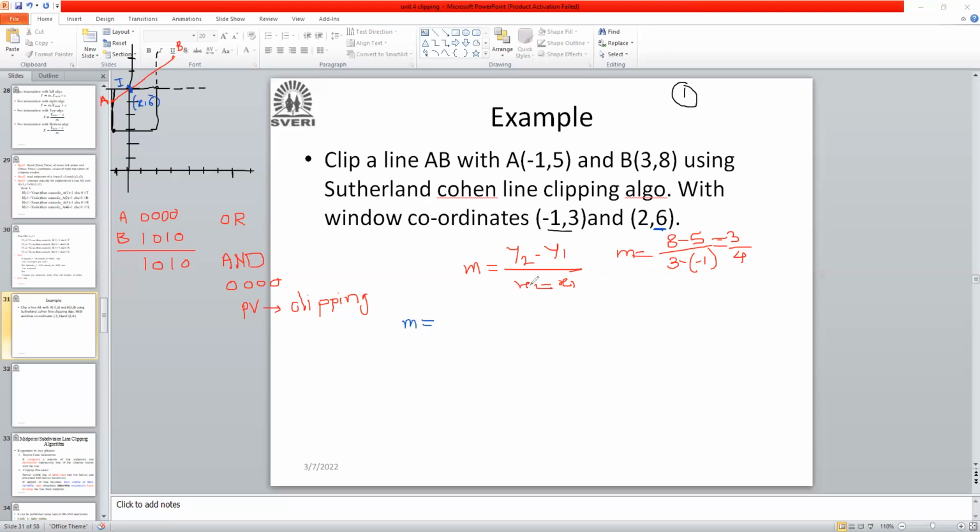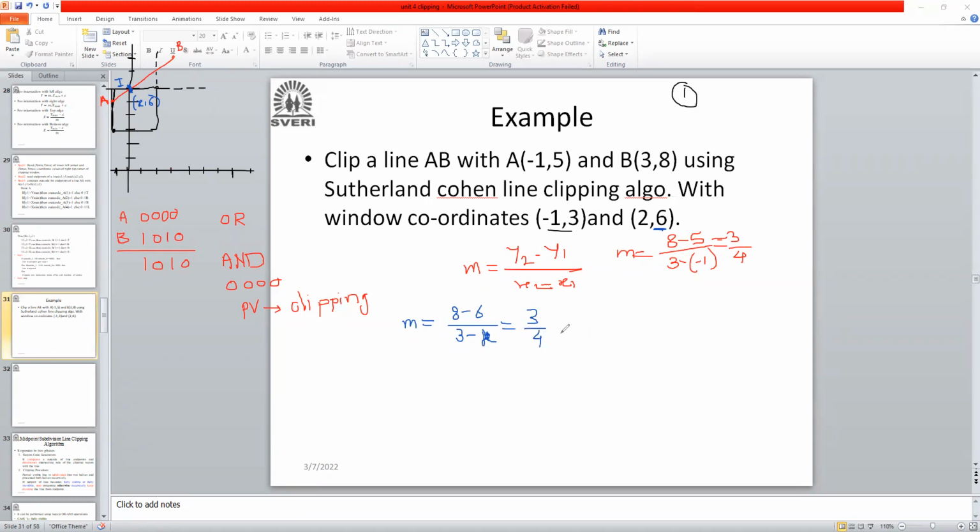B is having Y value as 8, then I is having Y value as 6, divided by B is having X value 3 minus I is having X value as X only, X coordinate as X. Now slope is already known to us. What is the slope value? 3 by 4.